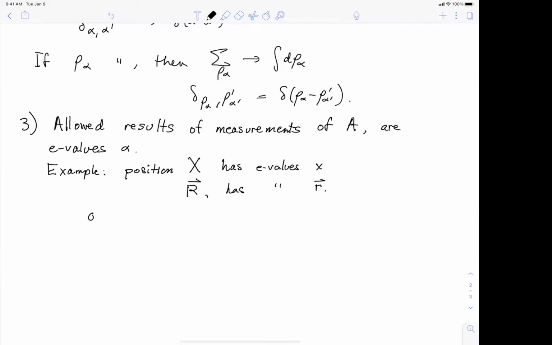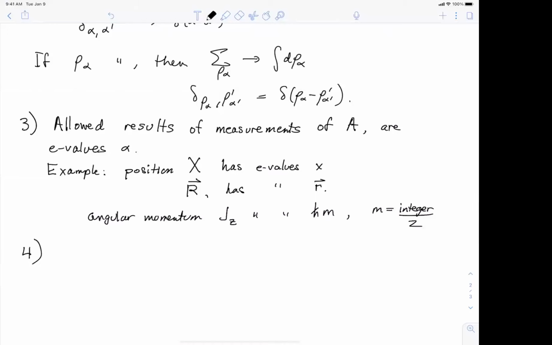And if you have an angular momentum, for example, the z component of an angular momentum, that has eigenvalues h bar times the magnetic quantum number. And we found that m had to be an integer divided by 2. And if it's orbital angular momentum, it actually has to be an integer. Okay, so that's postulate 3.